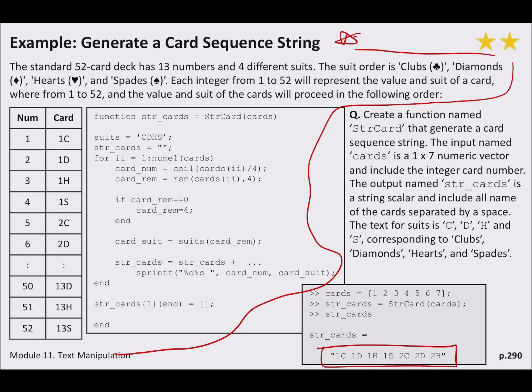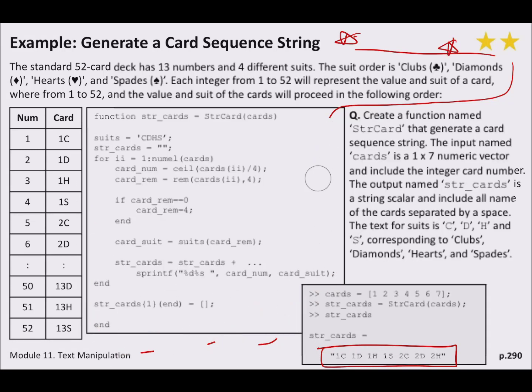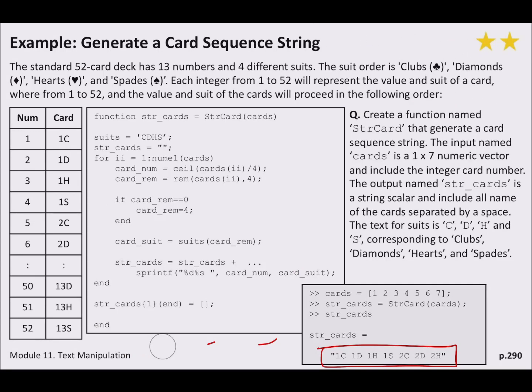Actually, I wrote this script to generate those error messages. I'm not going to explain all of it, but I will directly explain this code, because you are familiar with the card sequence and the integer card number. So card is a 7 integer number, right?